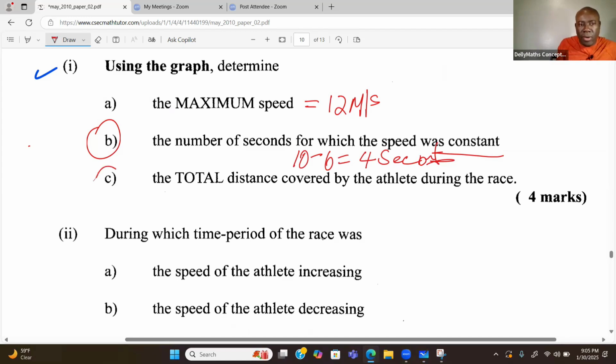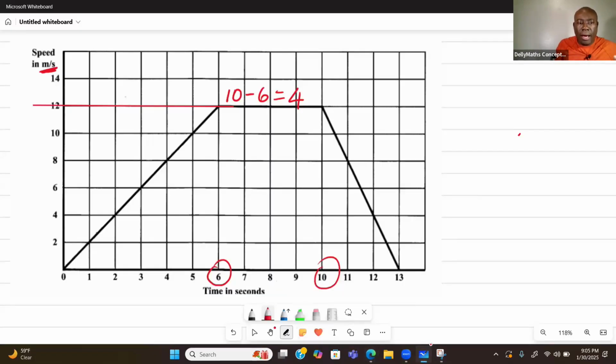Now let's take a look at the C question. It says the total distance covered by the athlete during the race. The total distance covered is something we can calculate by looking at the shape that we got. The shape was actually a trapezoid.